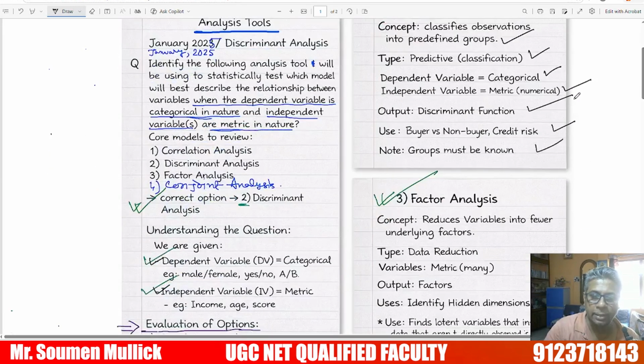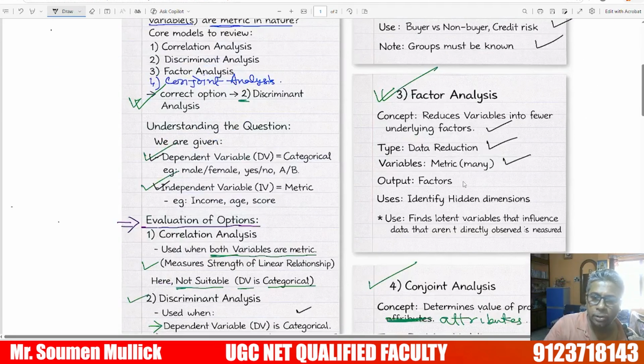In the case of factor analysis, the main concept is to reduce variables into underlying factors. The type is data reduction. Variables should be metric. The output is a factor. And it is used to identify hidden dimensions, to find latent variables.